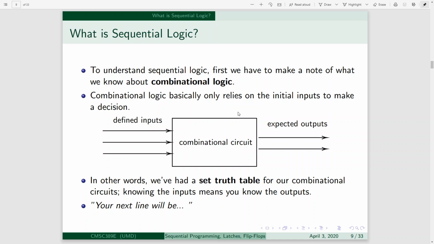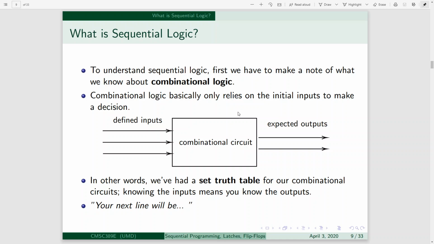So combinational logic basically relies on only the initial inputs to make a decision and come out. In other words, you've had a set truth table for your combinational circuits. Knowing the inputs that you give in will always provide certain outputs. And if you're wondering, some good examples of these are adders, full adders, half adders, very simple stuff, right?